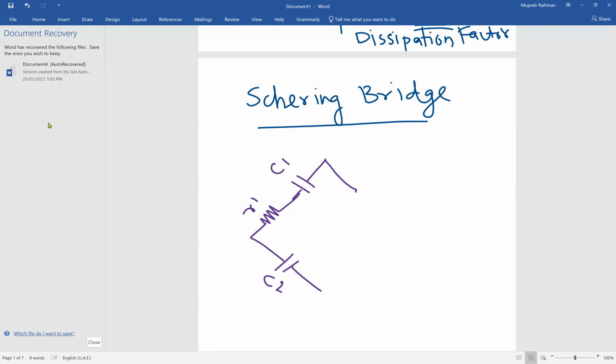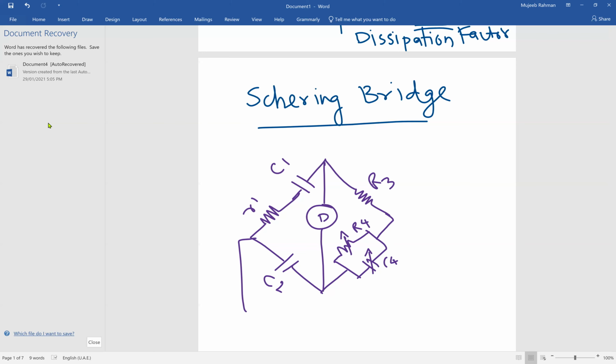We have a resistor in the third arm, which is R3, and a parallel combination of a standard variable resistor and a standard variable capacitance in the fourth arm, indicated by C4 and R4. As usual, we are connecting the detector between these two, and we power the circuit by an AC source.